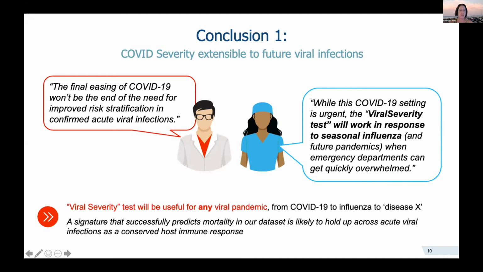So in conclusion, the viral severity test will potentially be useful for any viral pandemic. The signature that successfully predicts mortality in the data sets presented is likely to hold up across acute viral infections as a conserved host immune response.